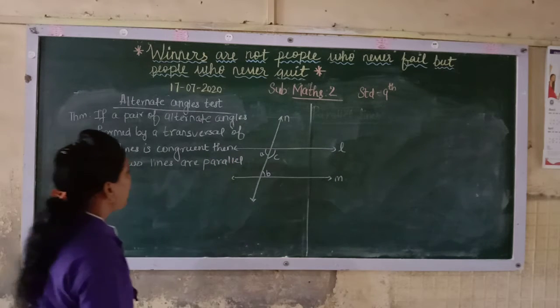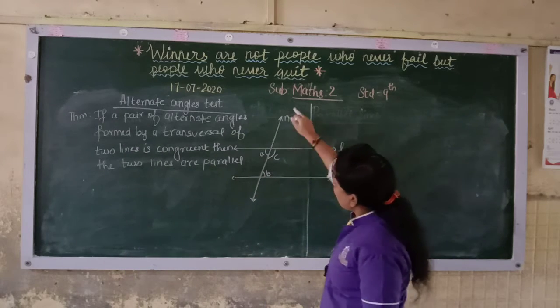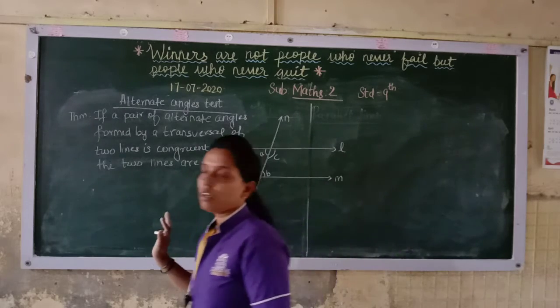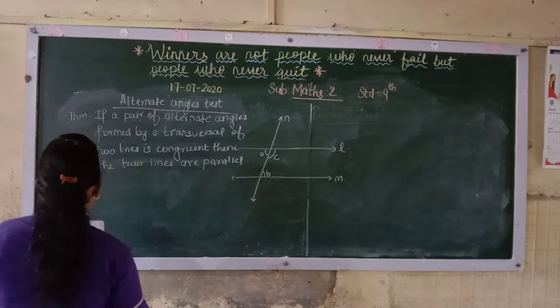See, if you can show that the pair of alternate angles formed by two lines and one transversal is congruent, then the lines will be parallel. So this is the alternate angle test for parallel lines.